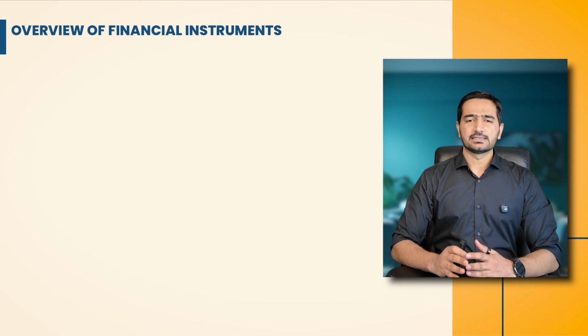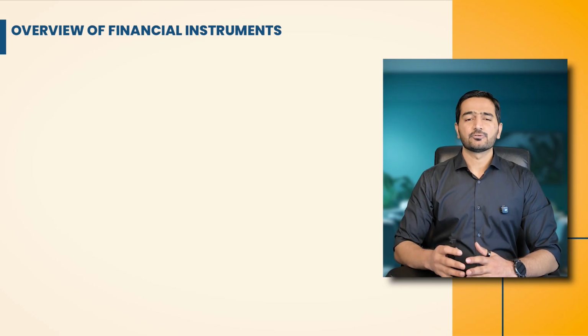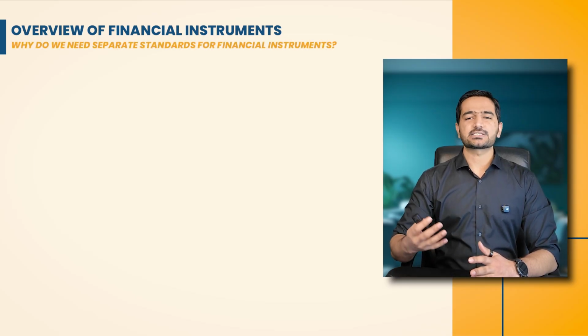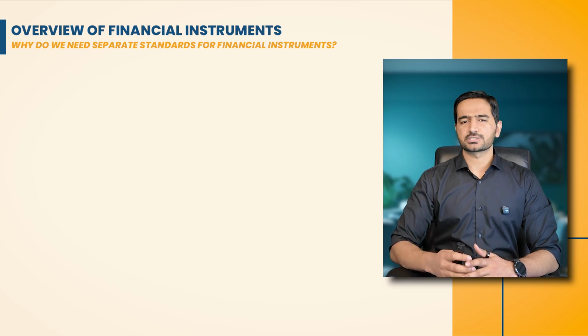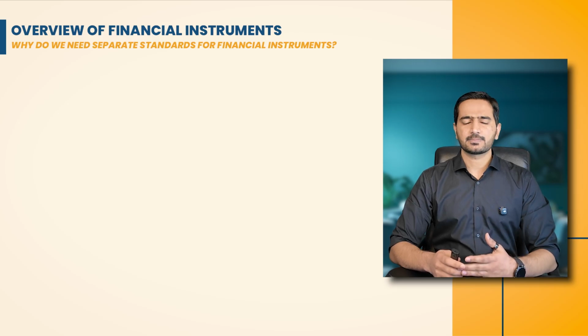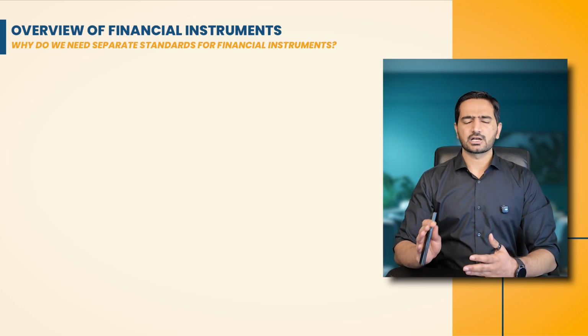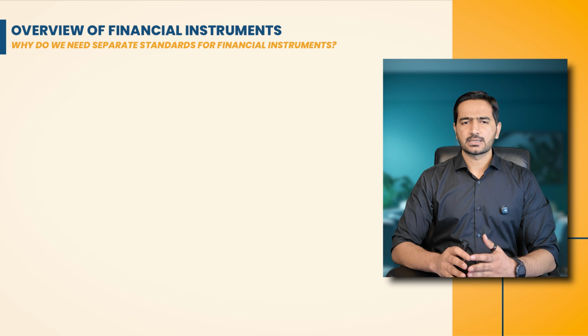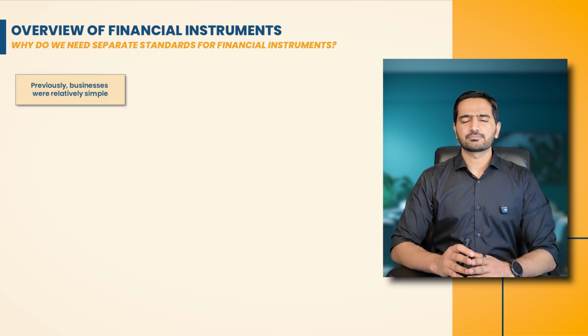My friends, let's start by understanding why we even have a separate set of standards for financial instruments. Why could not traditional accounting handle all this? In the old days, around 60-70 years ago, business was relatively simple.